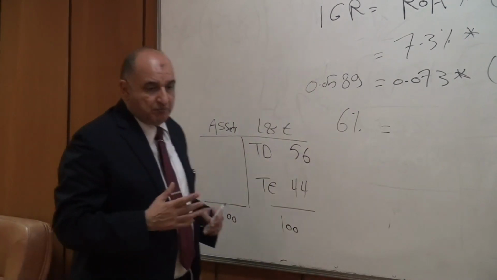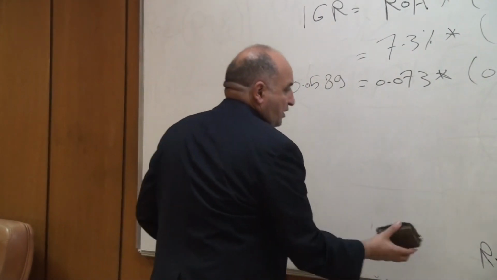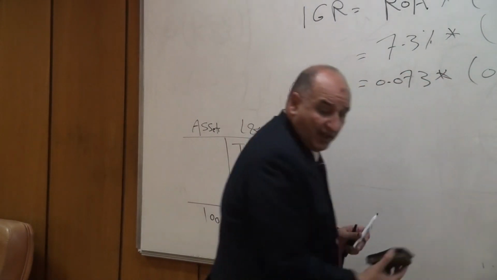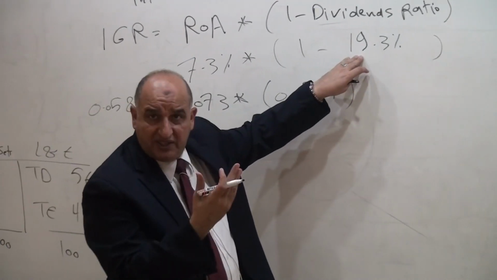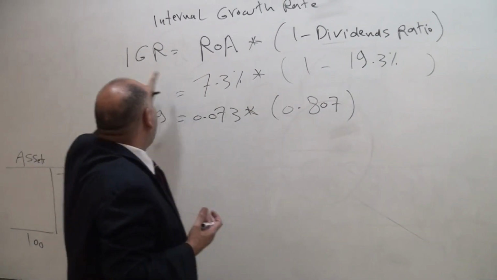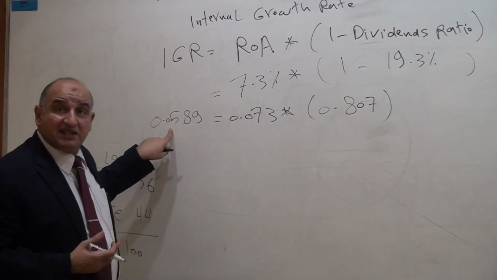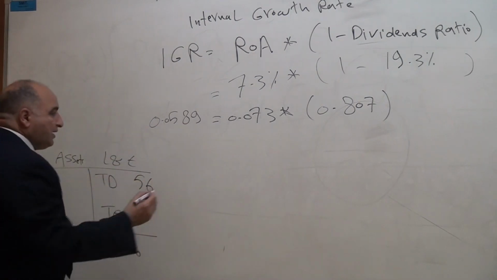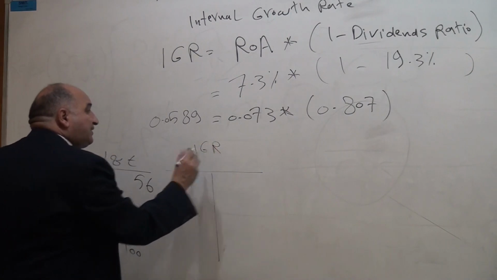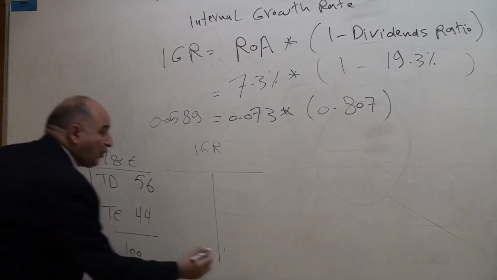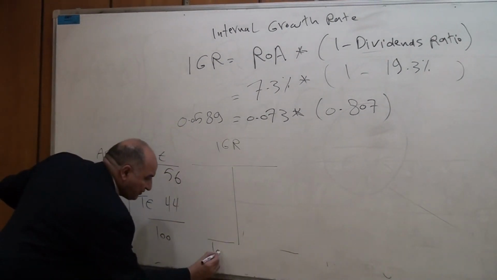Please don't forget, this is the original situation. Now, because we have a profit, and we didn't distribute it 100%, we just distributed approximately 20%. So our assets can grow internally by 6%. This means that next year our assets will not be 100, it will be 106.